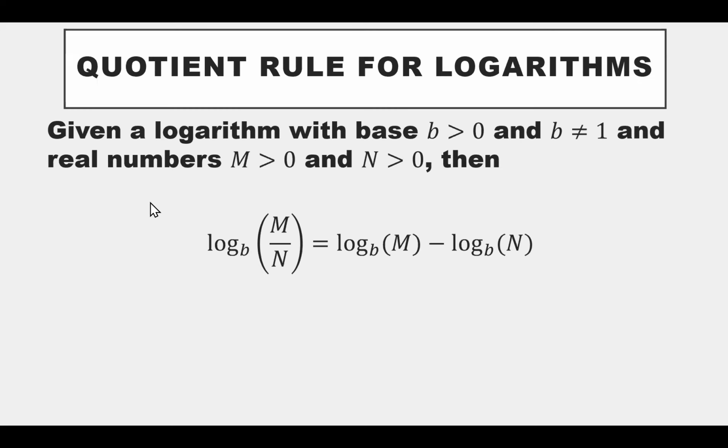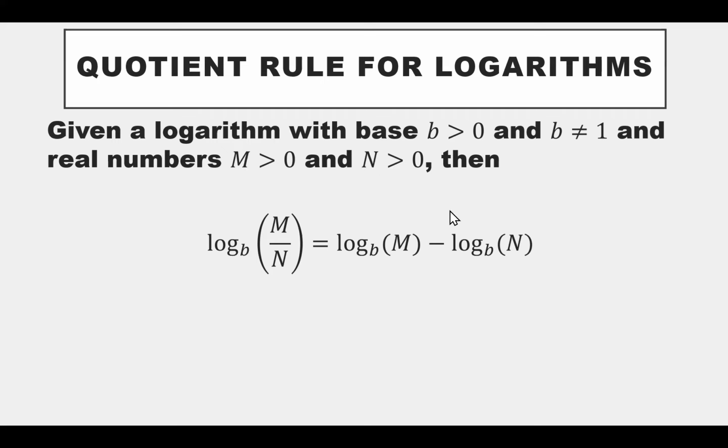In a similar way, there is a quotient rule for logarithms that says log base b of m divided by n is equal to log base b of m minus log base b of n. So that gives us a rule for dividing two numbers inside the argument of log base b.